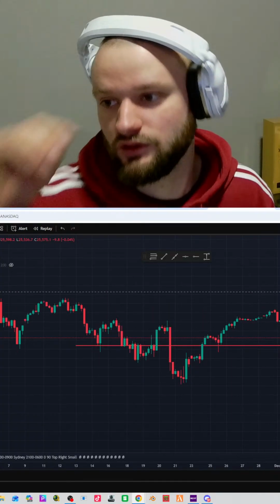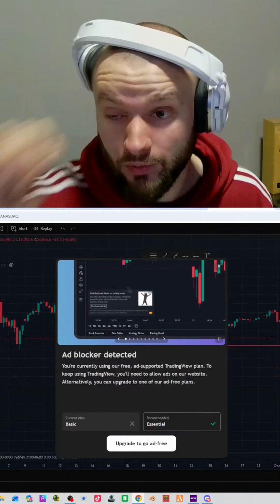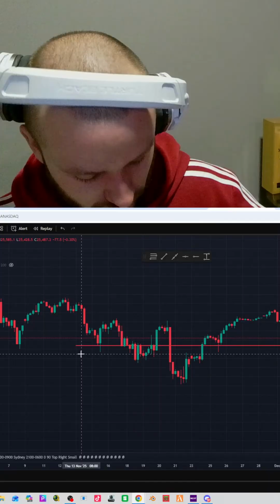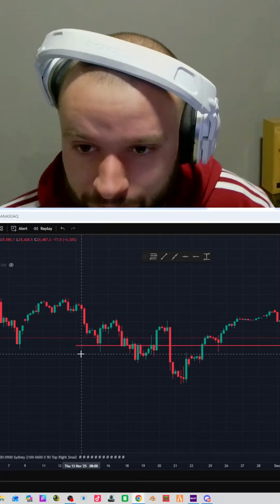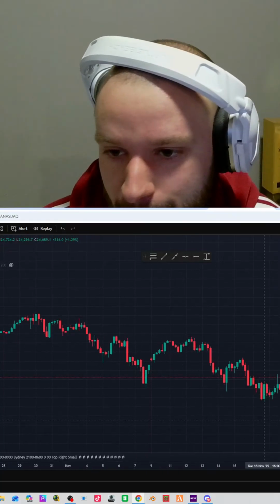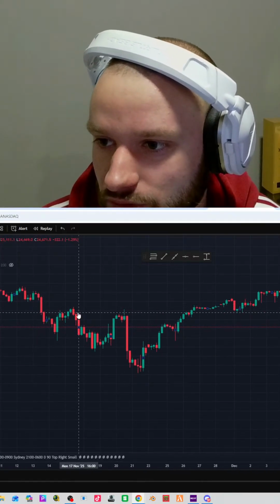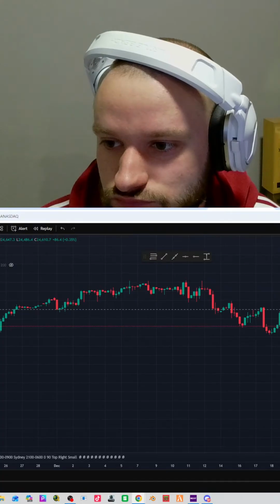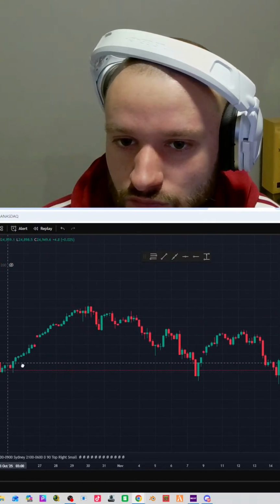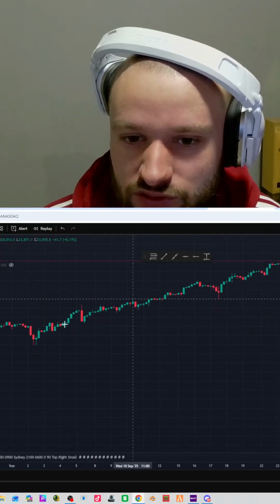Then it starts rallying up. I'm pretty sure this is a liquidity sweep. I'm still new. It's my first time trying it. That's one example. I want to try some to the upside though. Or to the downside, I meant to say.